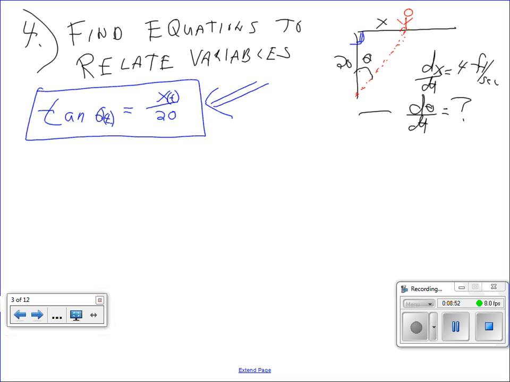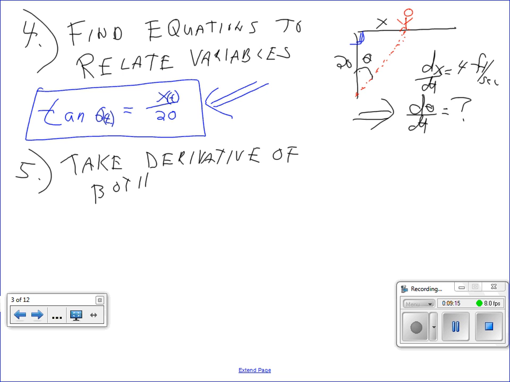I want to find d theta/dt. I've got an implicit differentiation problem. So the next thing I need to do is take the derivative of both sides.